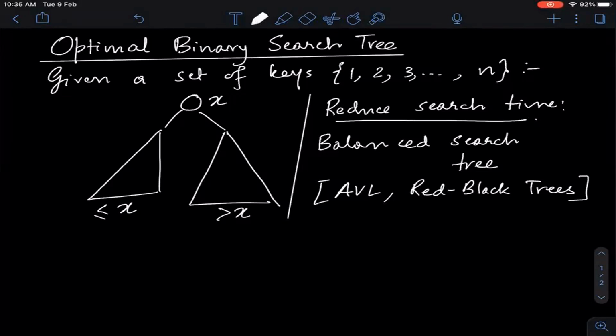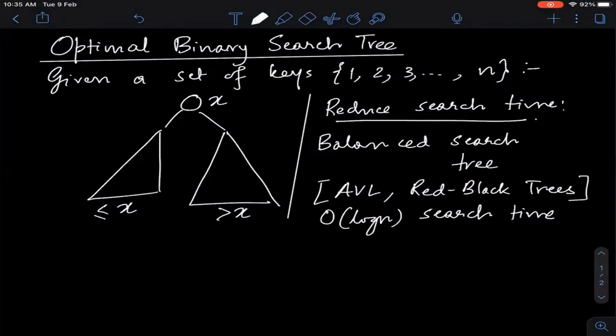So the whole point is that all of these aim towards reaching the golden benchmark of having order log n search time. Okay, good. So we all know this. This is probably the best that we can do. We cannot do better than order log n, because a perfectly balanced tree will have a height of order log n if you are storing n keys. So this we all know.